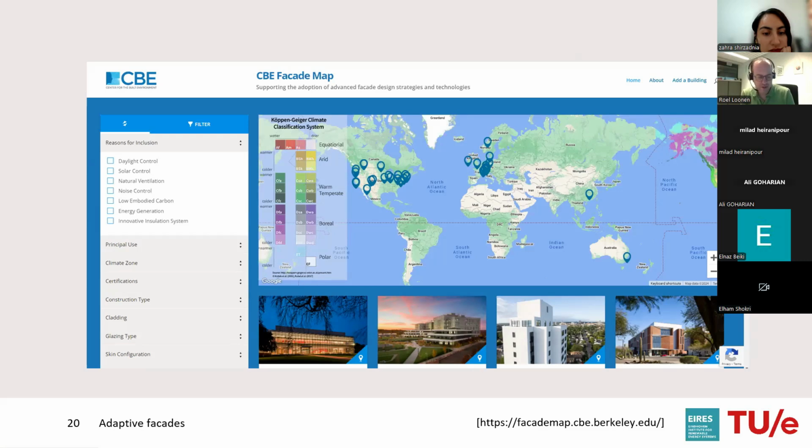And also here there is extensive information about different configurations, what has been included, properties, links to further reading. So this is not exclusive on adaptive or kinetic facades, so it's also some more conventional type of building envelope, but still I think also a very relevant resource and worth checking out.